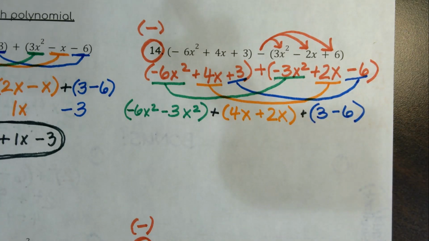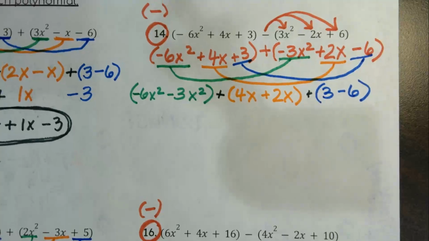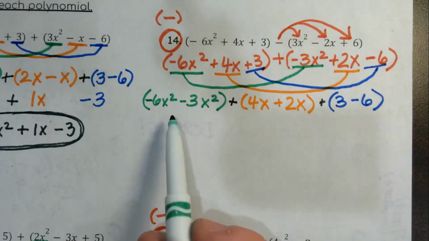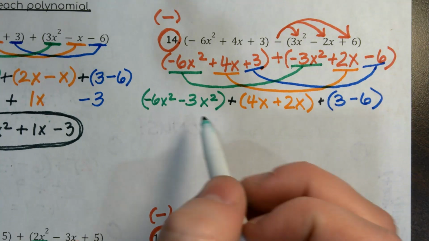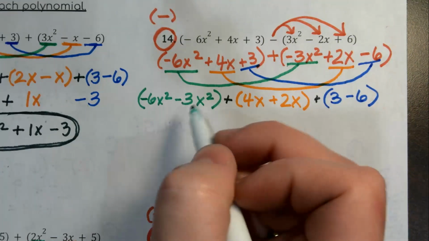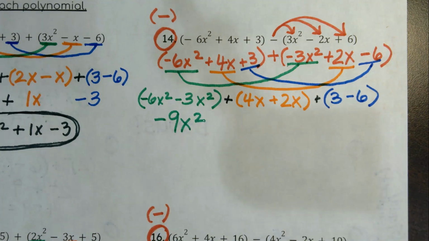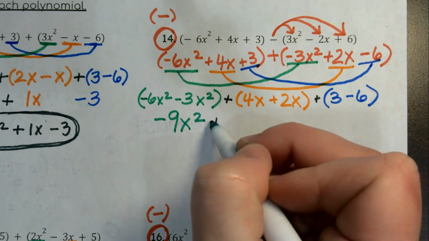All right. Now, all we got to do is add and subtract, guys. That's it. What is negative 6 minus 3? Negative 9, and then we keep the x squared on there. Negative 9x squared. How about for our next set of terms?